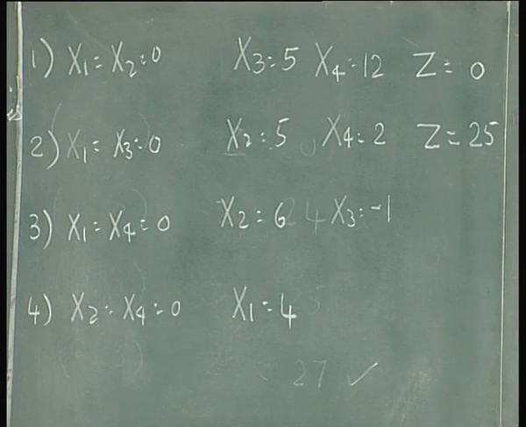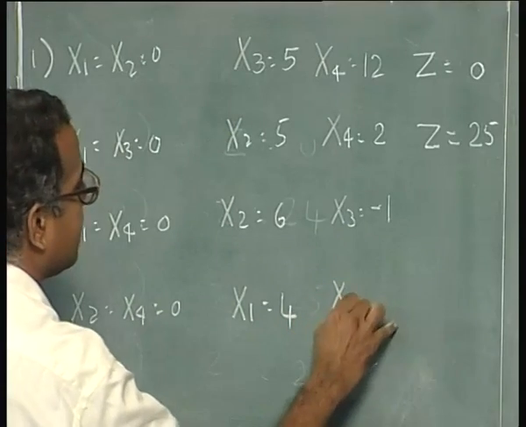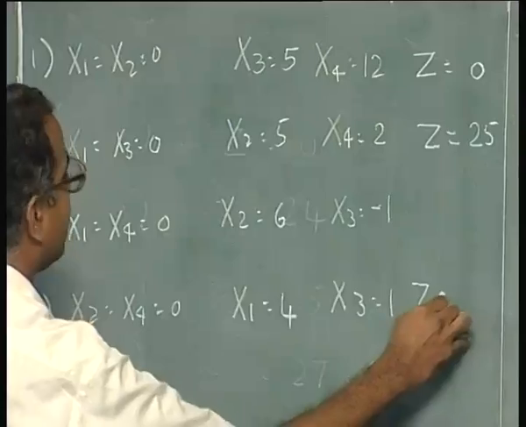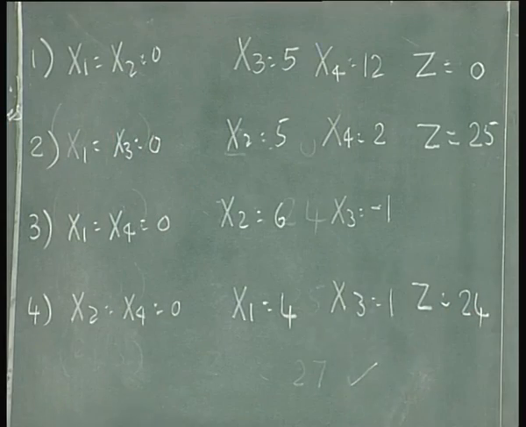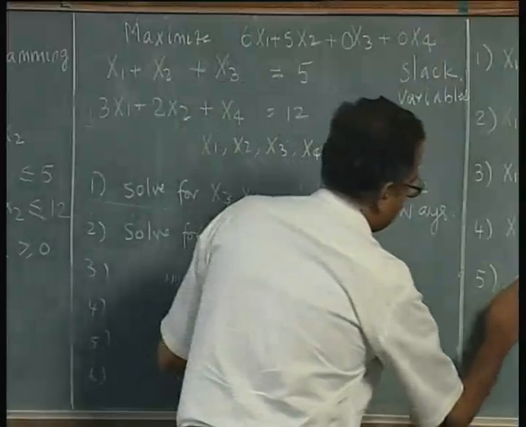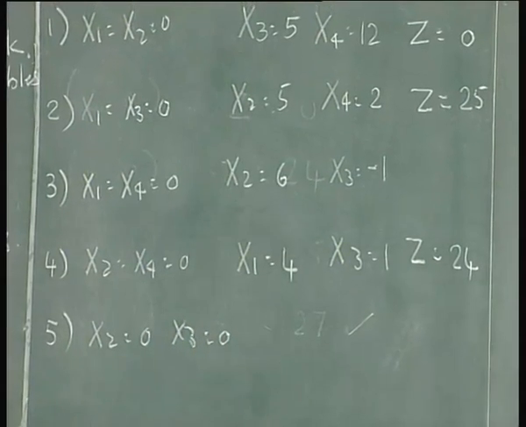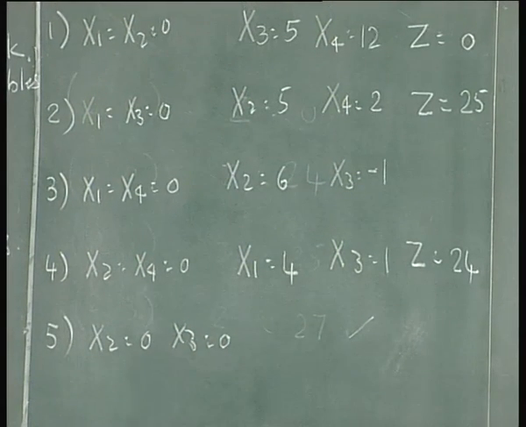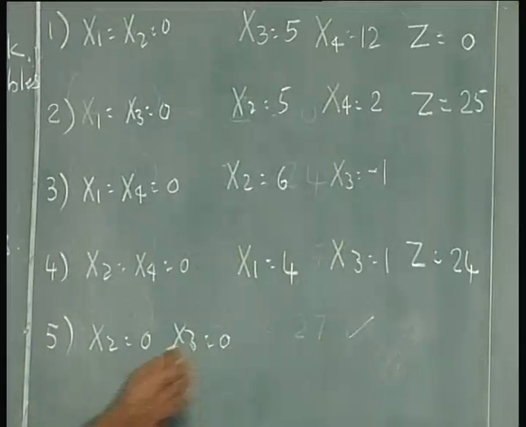Now, x1 equal to 4, x2 equal to 0 gives me x3 equal to 1 and z equal to 24. The fifth problem that I solve now has x2 equal to 0, x3 equal to 0. So, x2 equal to 0, x3 equal to 0 gives me x1 equal to 5.